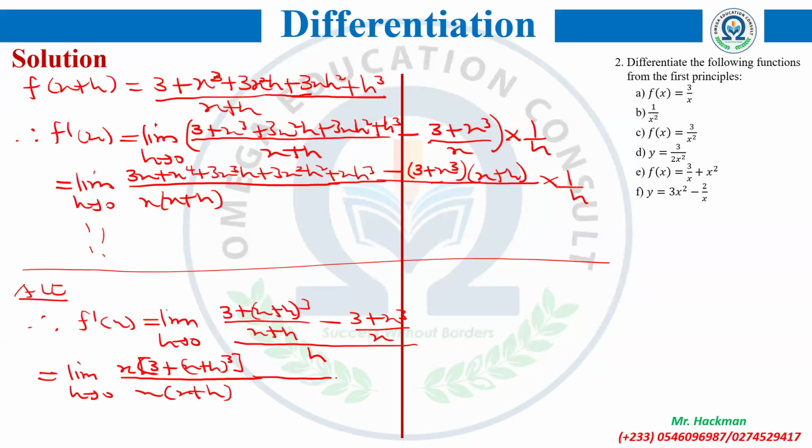But that's not all, you are not done with your numerator. Your x will go into this how many times? And that will give us minus 3 plus x cubed times x plus h, the whole of this times 1 over h. All correct.